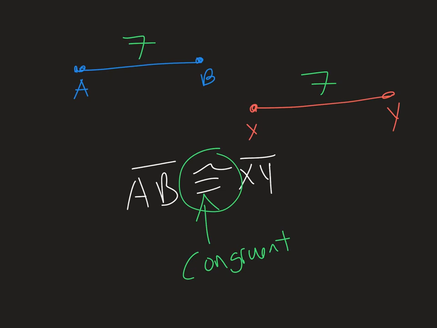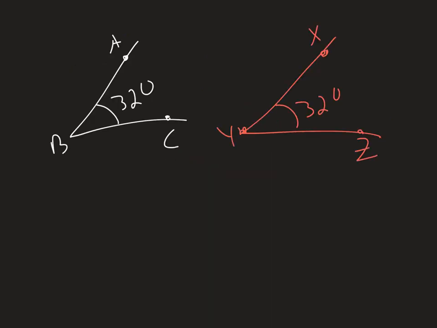Now we've talked about it a little bit differently with angles versus triangles, and we'll talk about that in a couple other examples. Let's talk really quick about angles. If two angles are congruent, that would mean they have the exact same angle measure, much like two segments would have the exact same measure if they were congruent. For me to write this, I have to be careful with the order. We're talking about angle ABC, and that order is important because B is the vertex.